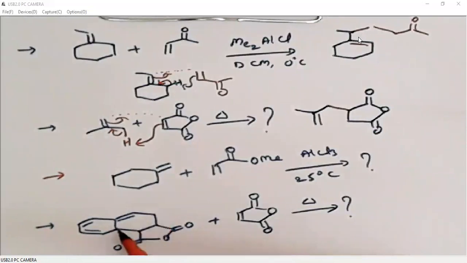So this is an allylic system, this is again an allylic system. If you involve this allylic hydrogen in the ene reaction, then the sigma electrons will be polarized towards the double bond. So it generates a double bond here. When we generate a double bond here, it becomes an aromatic system.